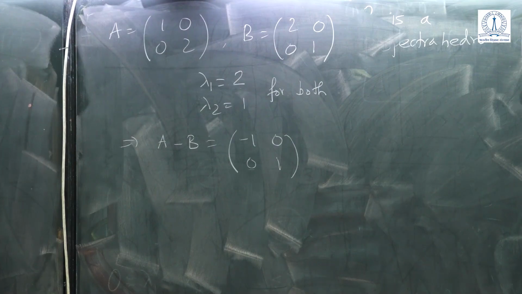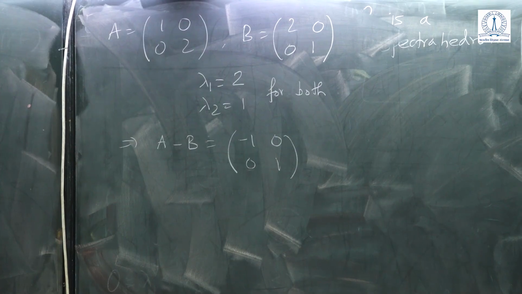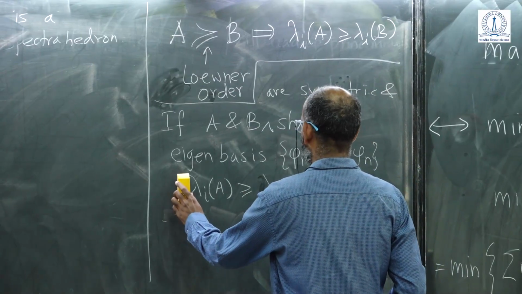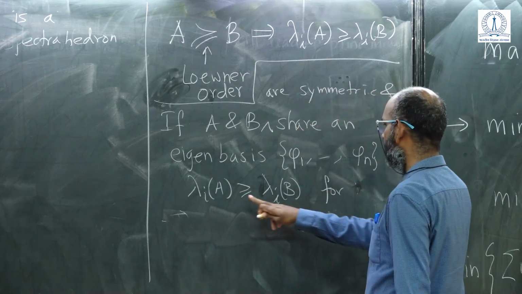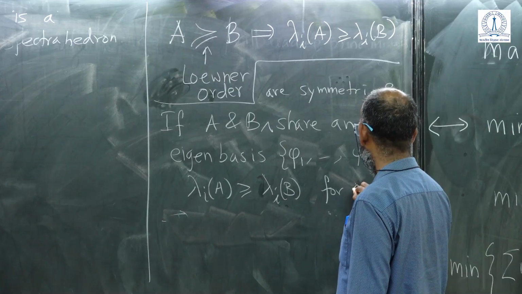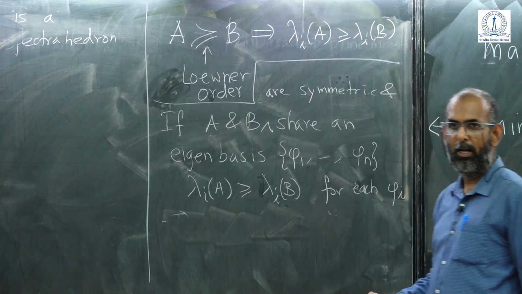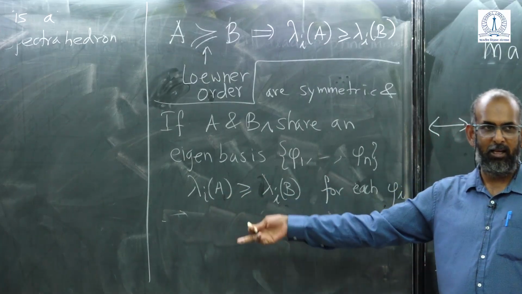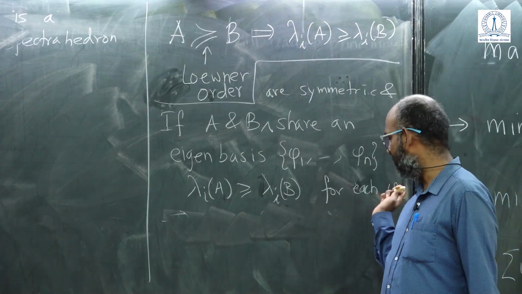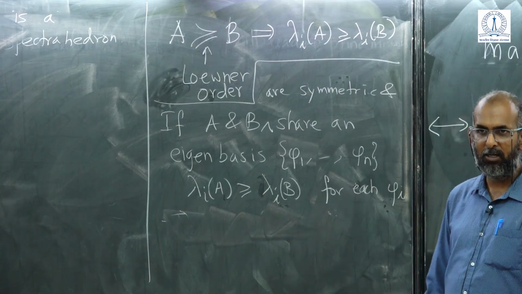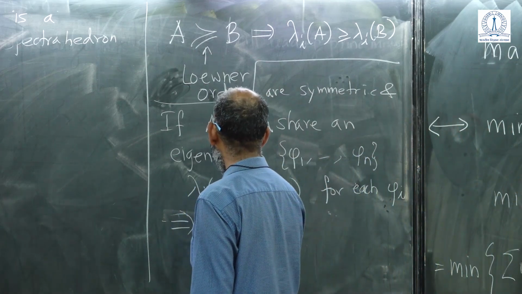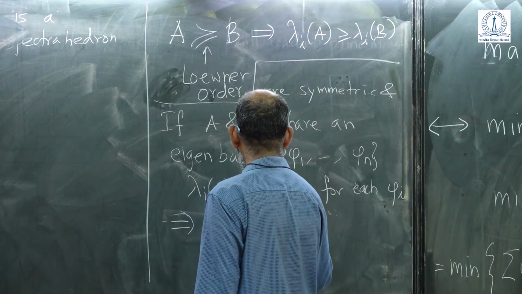I'm demanding this condition: as Anisa said, let's call it phi 1 to phi n, and lambda I of A greater than or equal to lambda I of B for each phi I. So lambda I of A is the eigenvalue of A for eigenvector phi I, and lambda I of B similarly is the eigenvalue of B for phi I. Then this will imply that A is greater than or equal to B.